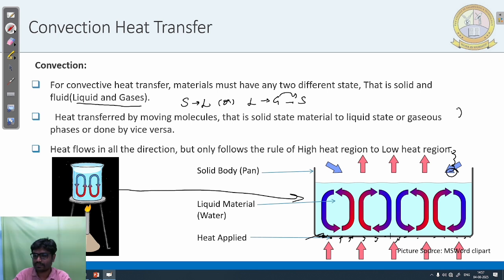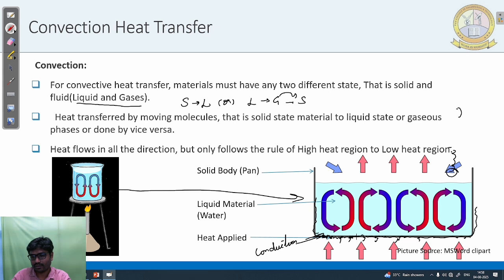In this base, it is completely a solid object, so the molecules will transfer the heat between this section, and it will reach throughout this section. Since it's a solid object, first of all the heat will be transferred throughout these molecules, and because it's only a single medium, this type of heat transfer is conduction, which we have seen in the previous slides.